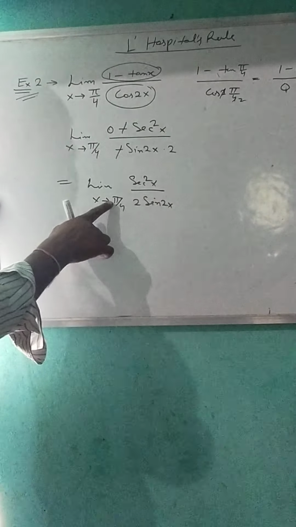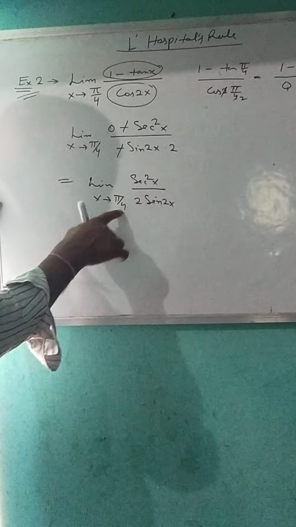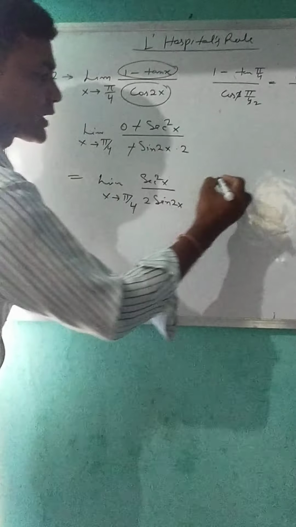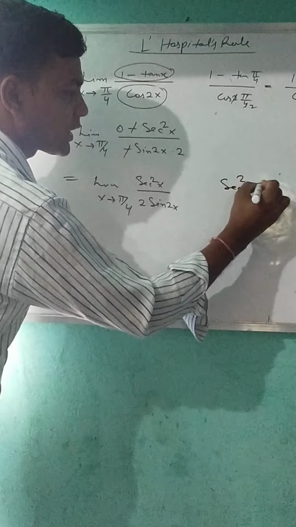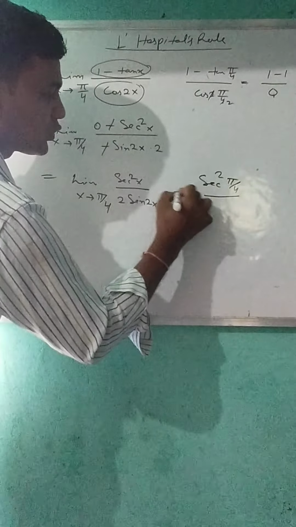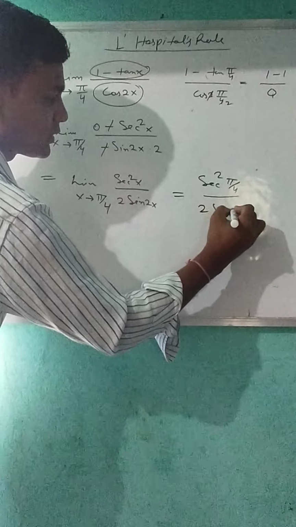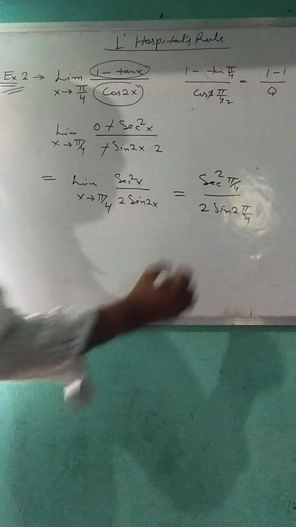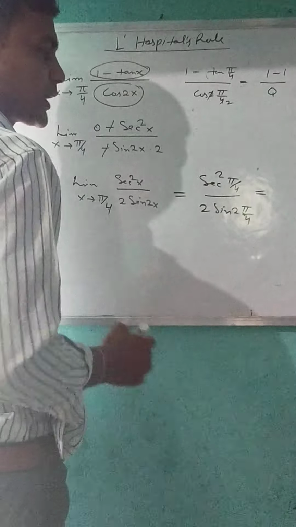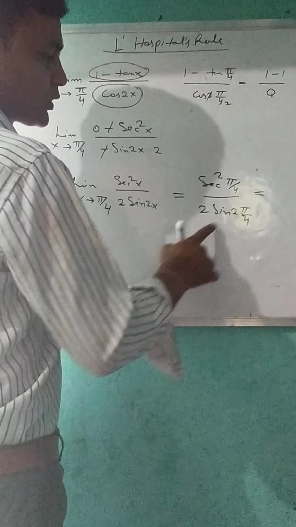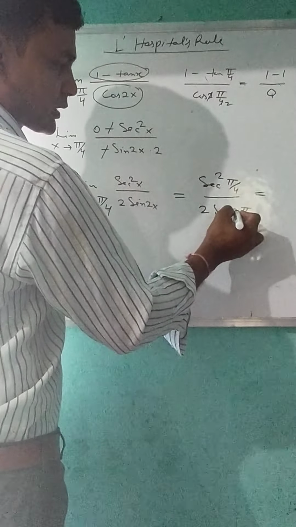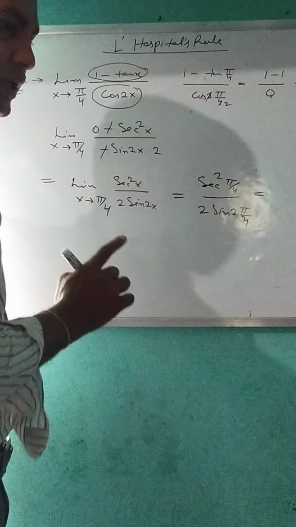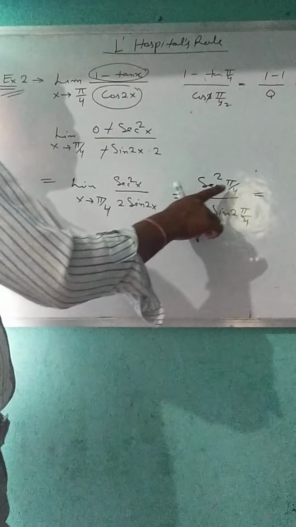Now again we can put pi upon 4 in this function. Then we get sec square pi upon 4 upon 2 sine 2 times pi upon 4, which is sec square pi upon 4 upon 2 sine pi upon 2.